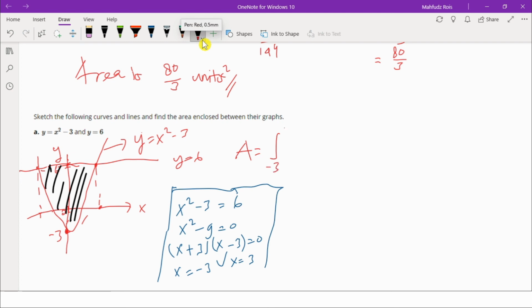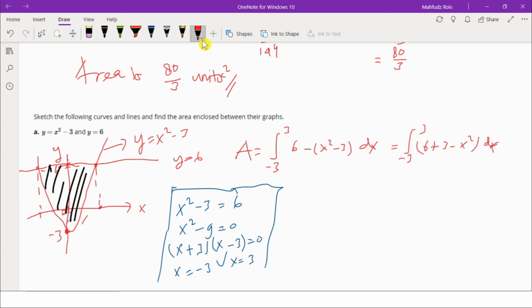Minus 3 to 3. Okay, so the upper one is y equals 6, so 6 minus (x squared minus 3) dx, right? And then if we simplify again, it will be 6 plus 3 minus x squared, right, dx.